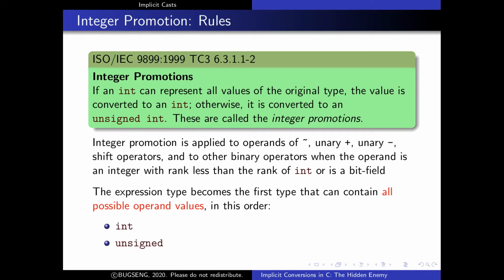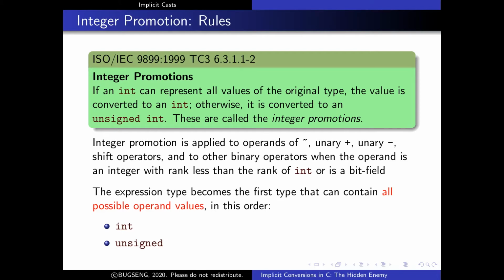The rule is very simple to remember. The expression type becomes the first type that can contain all the possible operand values, in the order int, unsigned int. If int can contain all the possible operand values, then int will be chosen, otherwise unsigned int.